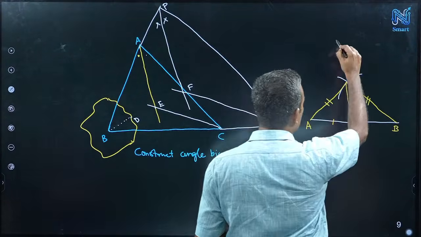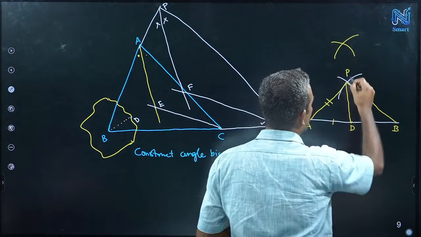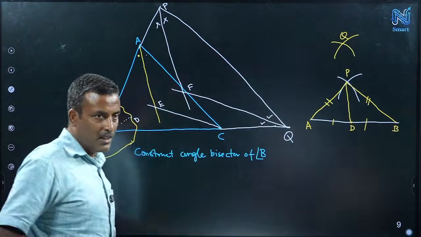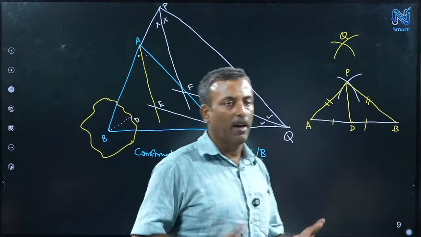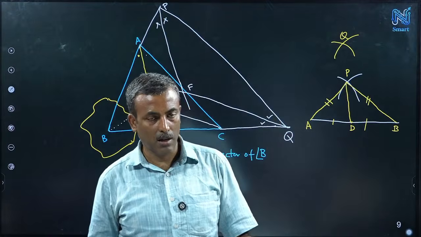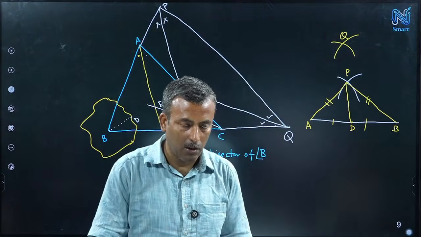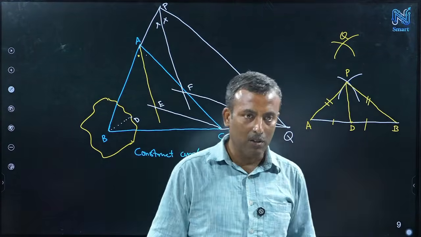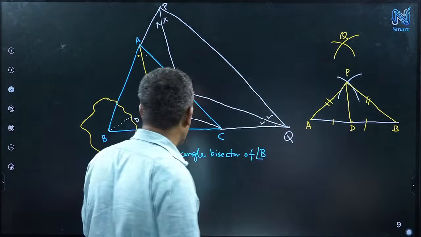With a different radius, we draw another arc. So you get Q and join PQ. So that is the idea. To find a perpendicular bisector or angle bisector or whatever, you need 2 points. Maybe one point is fixed; you have to find that one point, and another point. And if we can find one point, similarly we can find 2 points. Right? This is the basic idea.